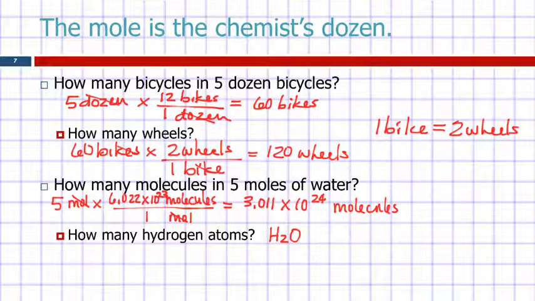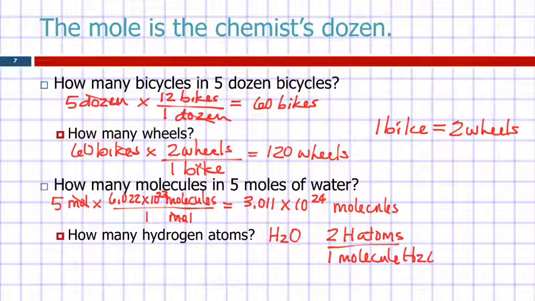How many hydrogen atoms? 2, right? There are 2 hydrogen atoms per 1 molecule of water. The chemical formula tells us that. How many oxygen atoms are in 1 molecule of water? 1. How many seats are on 1 regular bicycle? 1.